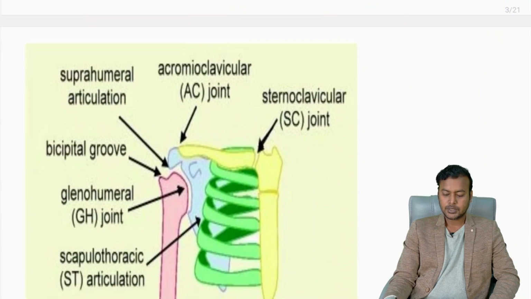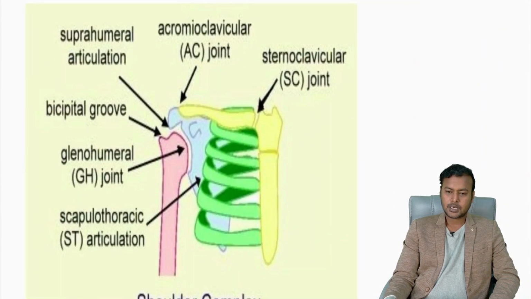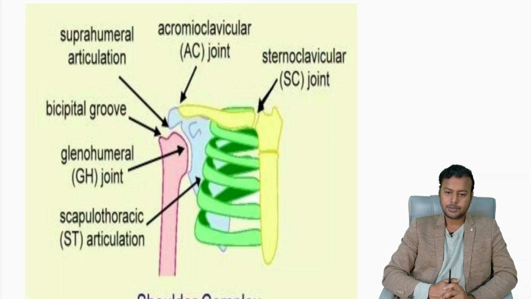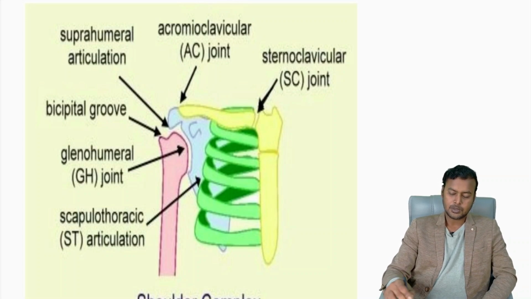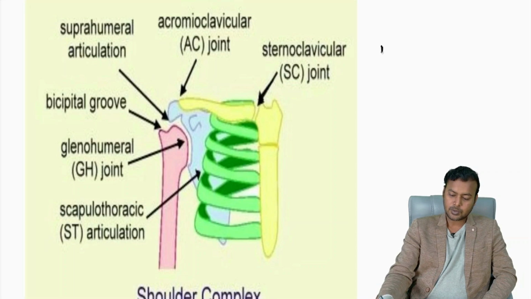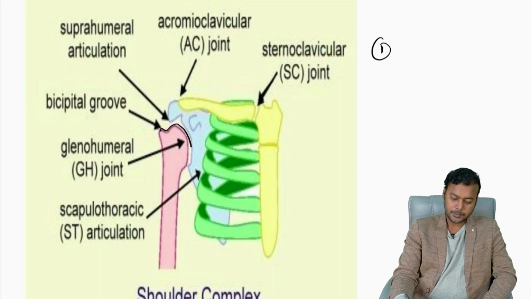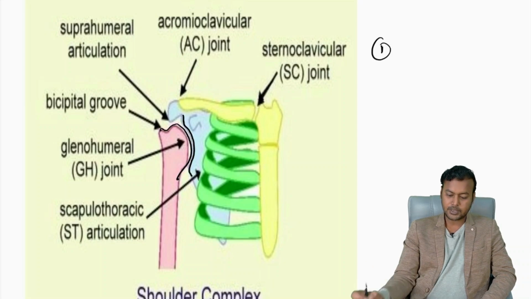Students, as we see, there are a large number of joints apart from the joint between the scapula and the humerus. All these joints together are known as the shoulder complex. So, what are the components of the shoulder complex? The first component is the joint between the head of the humerus and the glenoid cavity of the scapula.